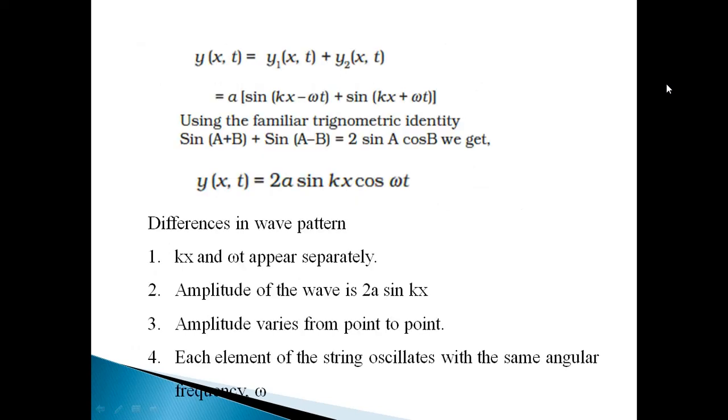When we make the substitutions, we get the total to be equal to a[sin(kx minus omega t) plus sin(kx plus omega t)].